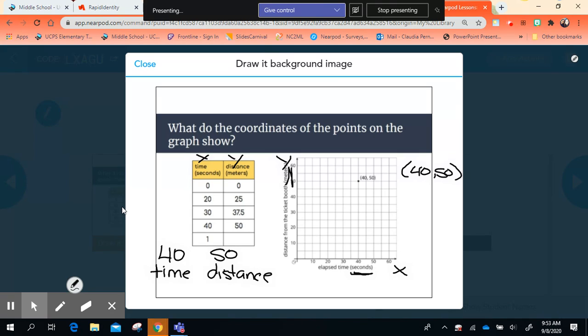Because we were talking about the ticket booth. So that's all I'm asking you to do when you have something like that. You're just talking out what you have. 40 seconds to walk 50 meters. Well, that's it. So this shouldn't be something super confusing for anybody.